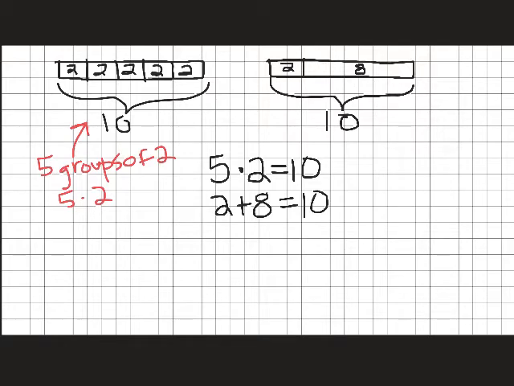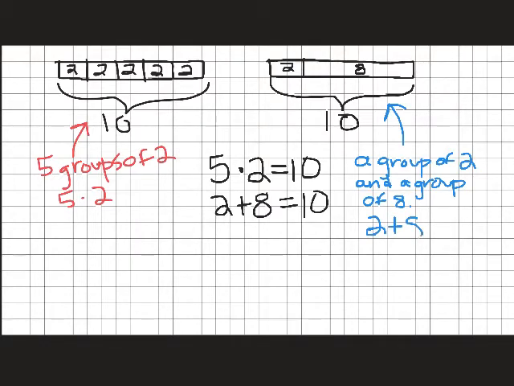And this one here has 1 group of 2 and a group of 8, which would make it like a 2 plus 8. And both of them equal 10.